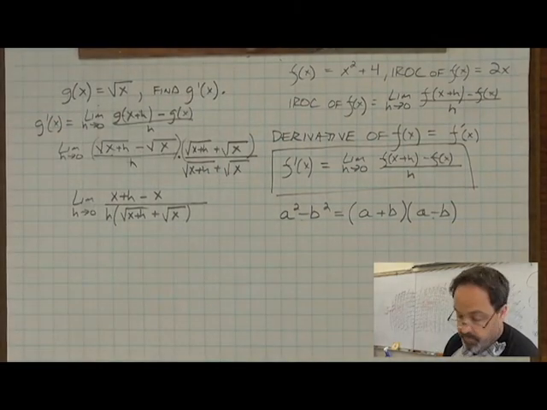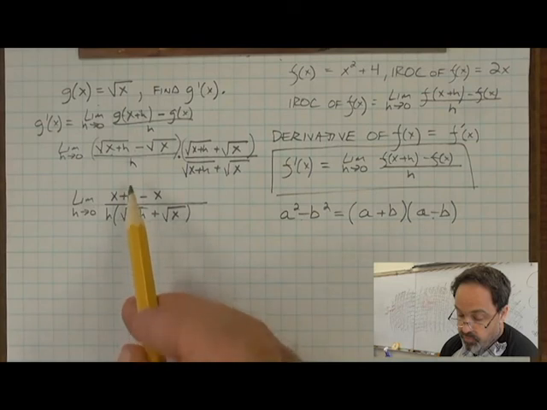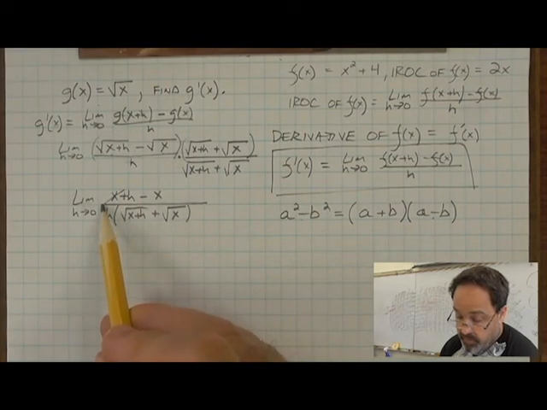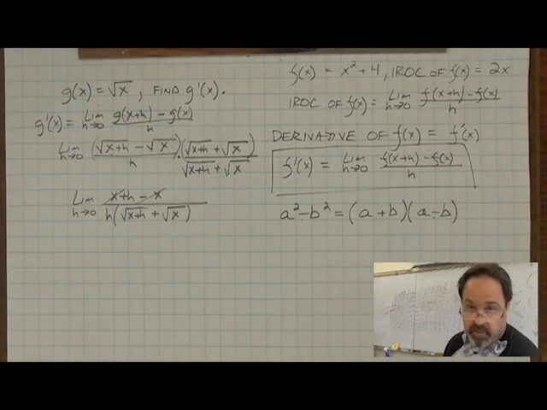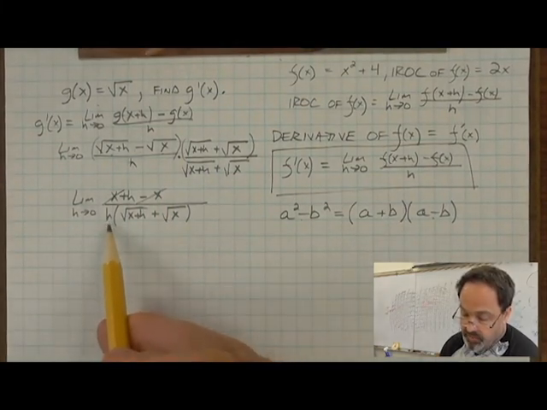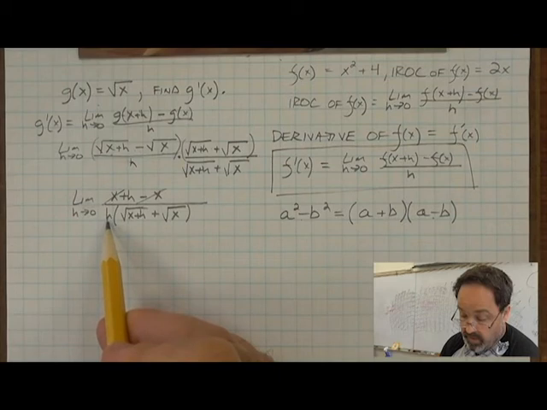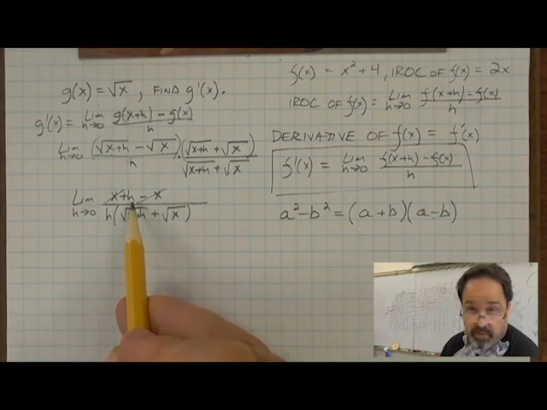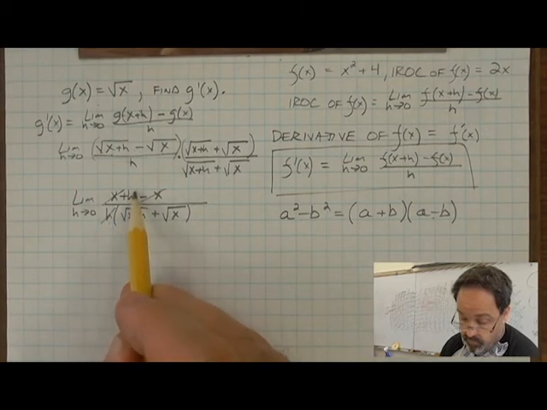But look what's happened. In the numerator, I have a positive x term and a negative x term that cancel out. In the denominator, I have an h factor that will cancel out with the only remaining term in the numerator. So this h will cancel out with this one.